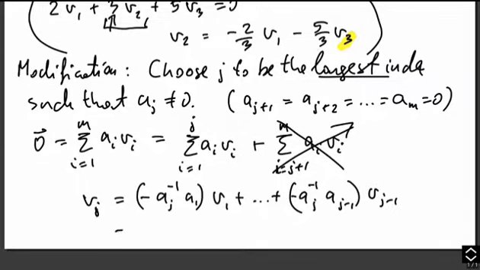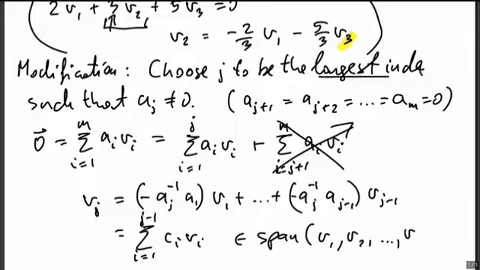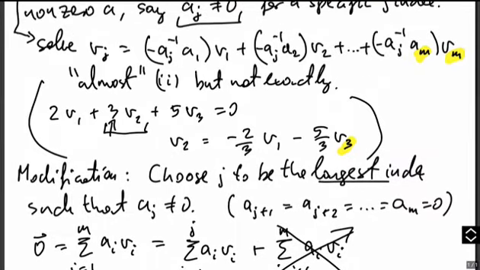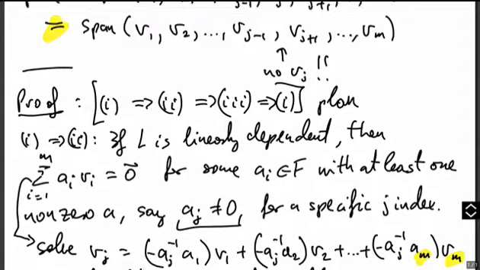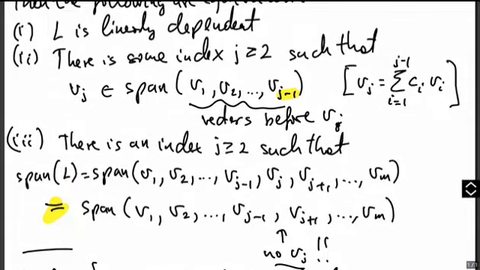So that means this is a linear combination going from 1 to j minus 1, and that means that this is in the span of v1, v2, up to vj minus 1, as property 2 wants it to be. So this is almost 2, and still this is not 2. Let's see what 2 says. It says that vj is in the span of v1 to vj minus 1, that we've shown.